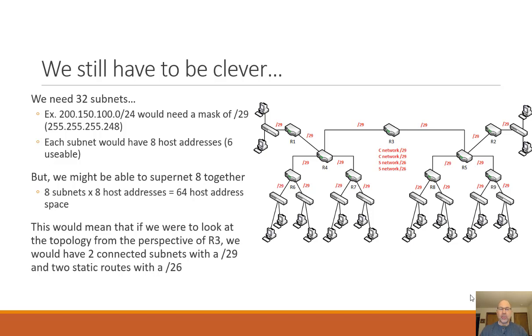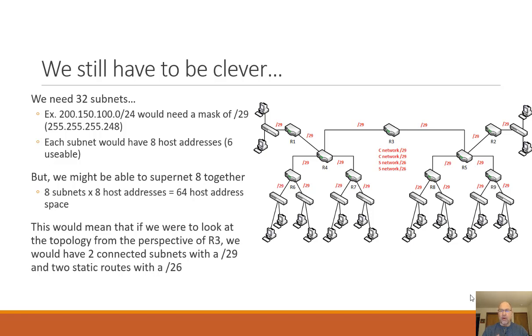But if we were able to aggregate 8 of these together, that would mean we had 64 possible host addresses that might go together. Now, 8 is really close to this 9 number that we would have on one side. If we divided the topology in half, we have 9 on one side and 9 on the other. 8 gets us really, really close. So is there a way that we might be able to aggregate those together?